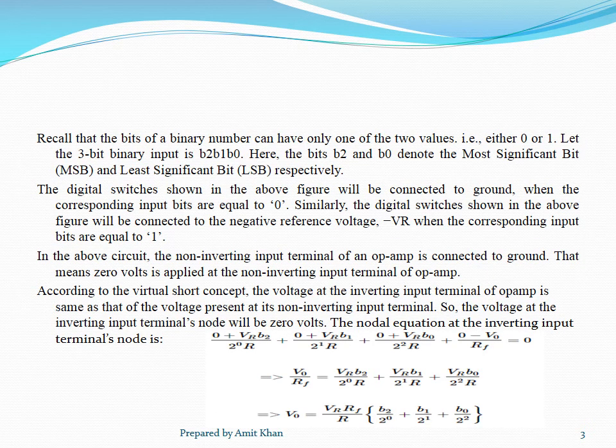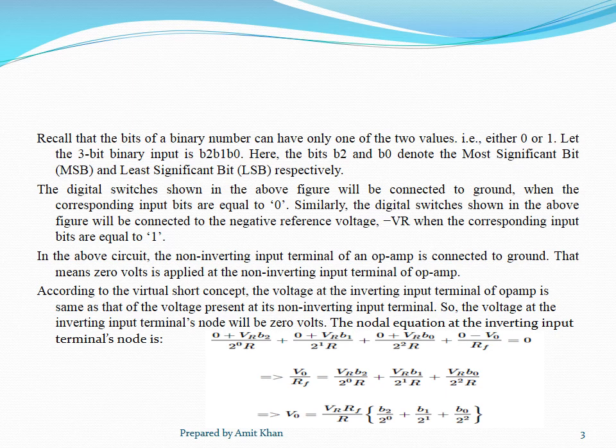Now recall that all the bits of a binary number can have only one of the two values, either 0 or 1. So let the 3-bit binary input be B2, B1, B0. Here the bits B2 and B0 denote the most significant bit, MSB, and the least significant bit, LSB, respectively.